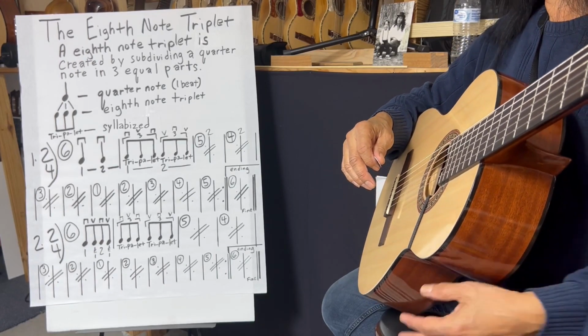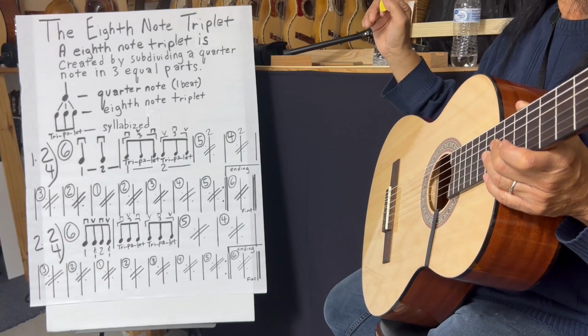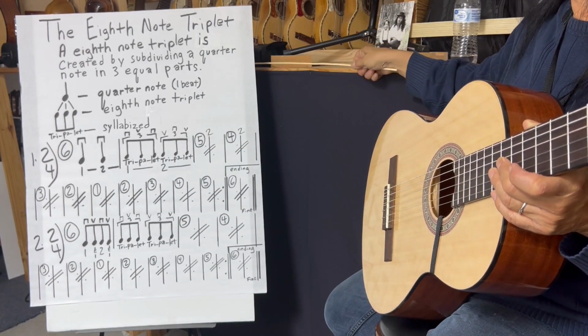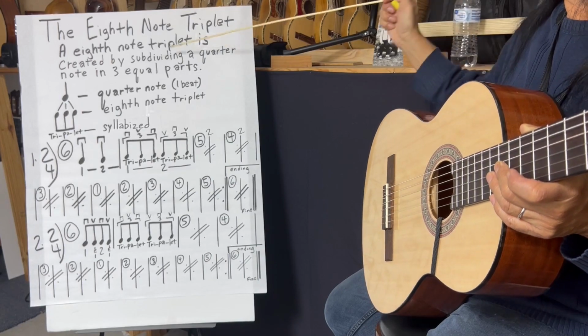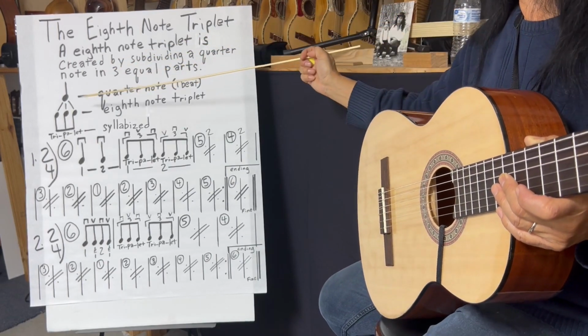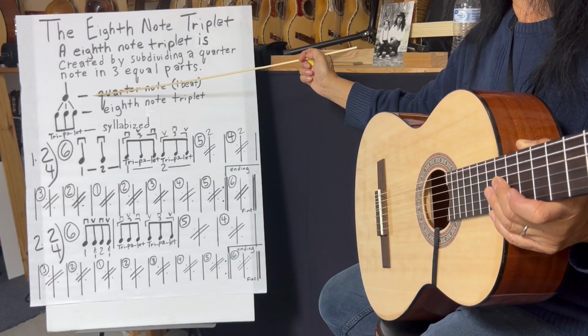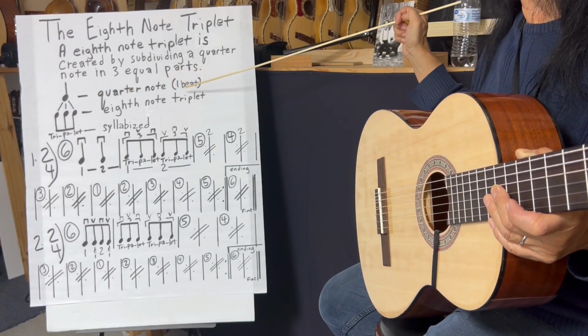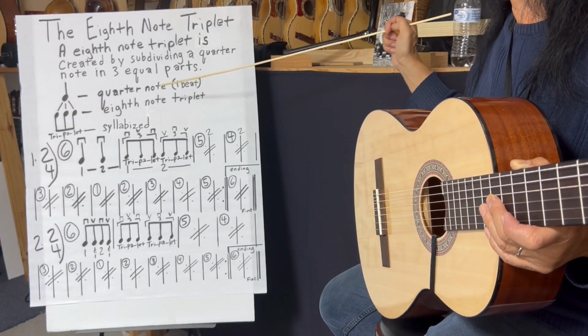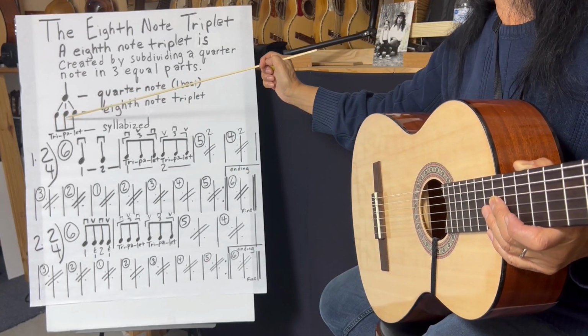And an 8th note triplet is basically created by subdividing a quarter note. You divide the quarter note in 3 equal parts. So I did just a simple pyramid. So here's your quarter note, and its quarter note is 1 beat, okay? And then you have basically in that 1 beat, you have these 3 8th notes.